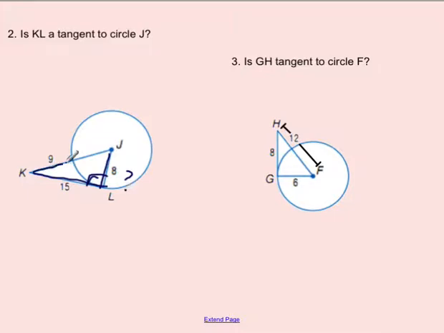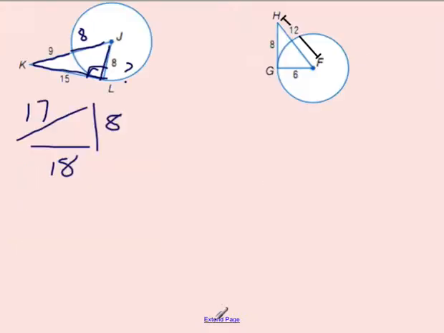This length right here is 9. Then J to this point is a radius, so that point is 8. Let me draw my new triangle now. I have 15, I have 8, and now my hypotenuse is 17. So what I need to do is use the Pythagorean theorem and see if it's true. This should be 15, not 18.